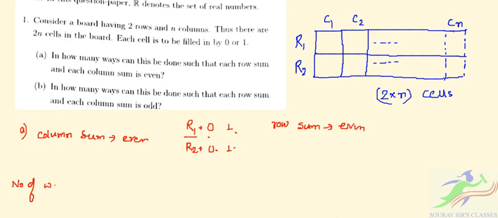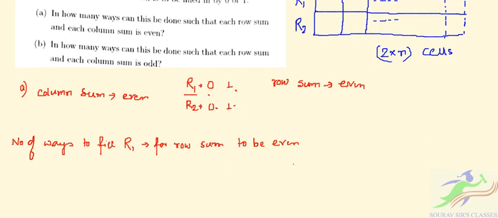So we have to find the number of ways to fill row R1 for the row sum to be even. So how to fill this? If I have n zeros over here, then we will have no 1s.